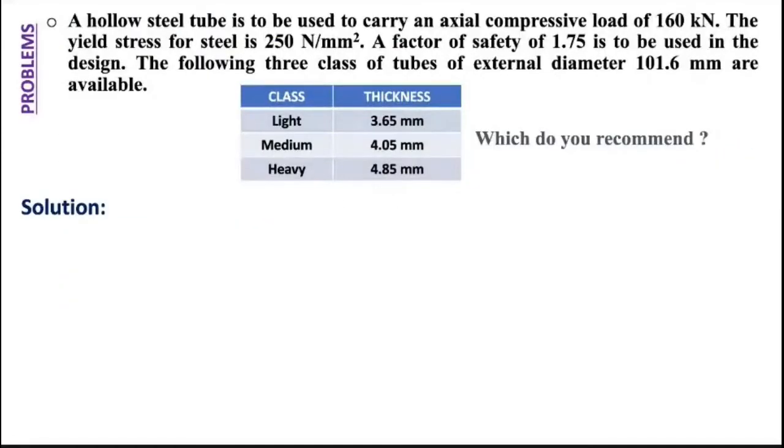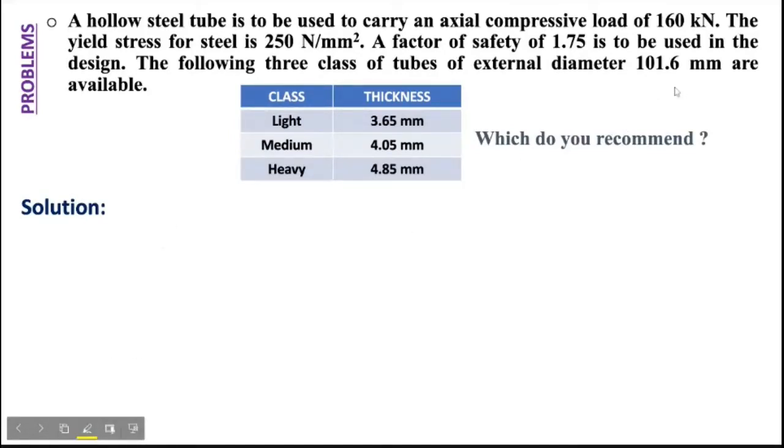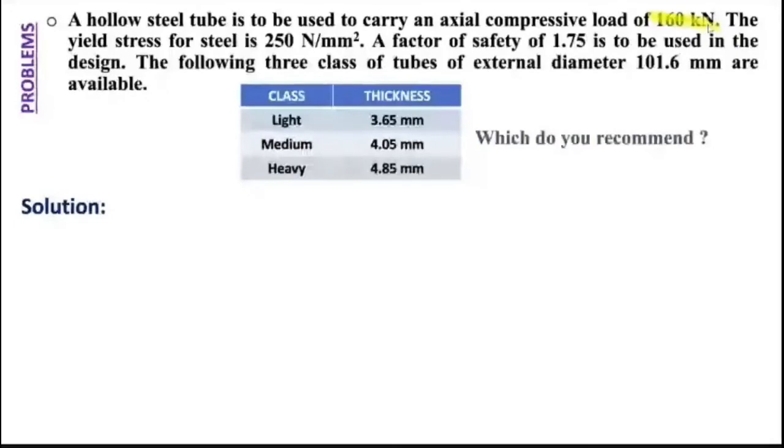Now let us go for a simple problem. You have a hollow steel tube which is used to carry a compressive load of 160 kilonewton. So compressive load is 160 kilonewton. Yield stress is given, which is 250 Newton per mm square. Factor of safety is given, which is 1.75, and it is used in a design.